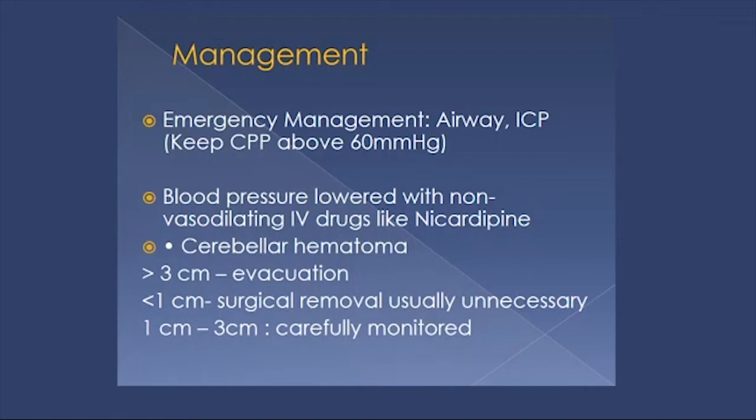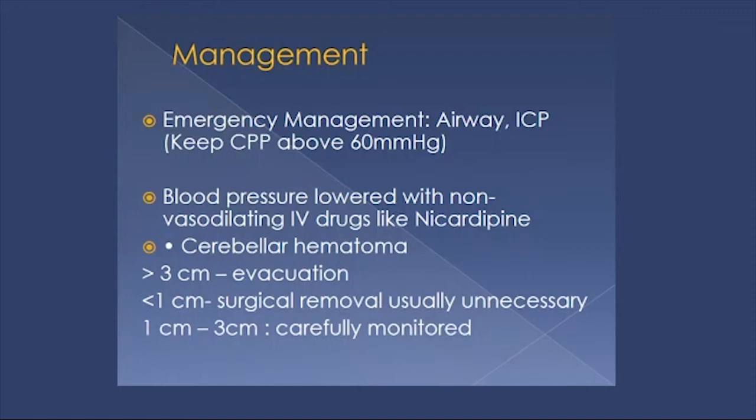I mentioned most of those points, and with regards to the presence of cerebellar hematoma, there are recommendations regarding sizes depending on the locations in different places. I picked cerebellar hematoma because if a hematoma within the cerebellum is more than 3 centimeters, it is an indication for evacuation, and 1 to 3 centimeters is to be carefully monitored.